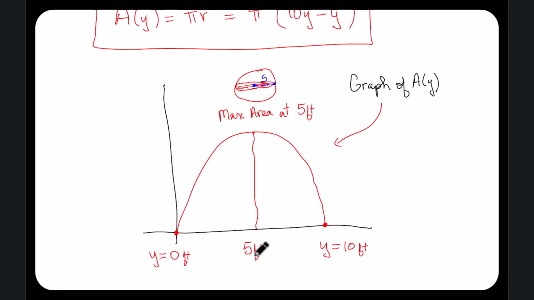When we are at 5 feet, we're going to have maximum area. And when y is 10 feet, we get 0 again because it was full. So here, this is when it's empty. This is full. This is when we reach the midpoint of our spherical tank.